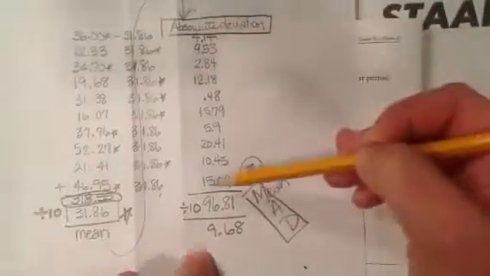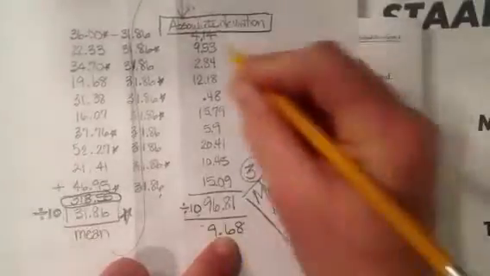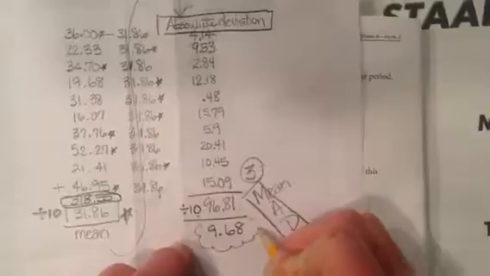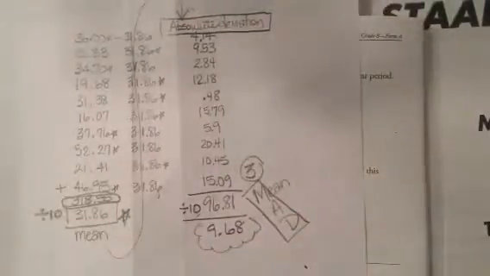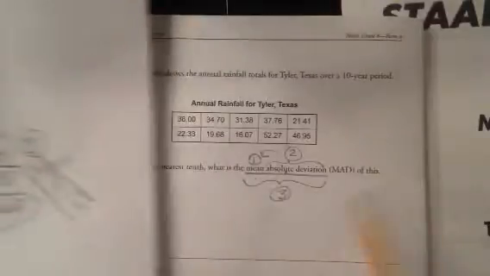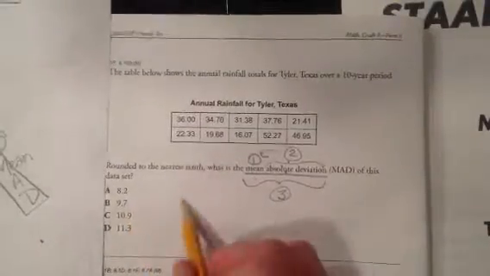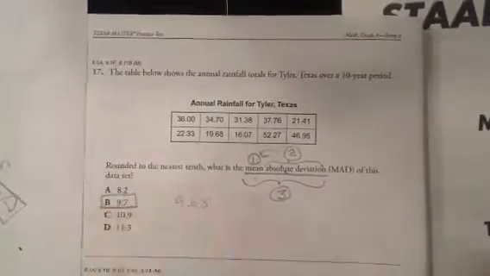That's it. Add them up, divide by your number of data, and if you put all these into your calculator, you will end up with 9 and 68/100ths. And if we look at the answer choices, which one does it match up closely? 9 and 68/100ths most likely represents this number right here.